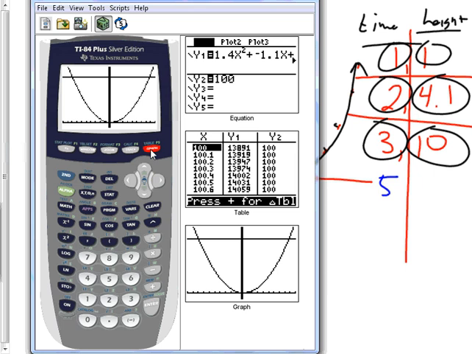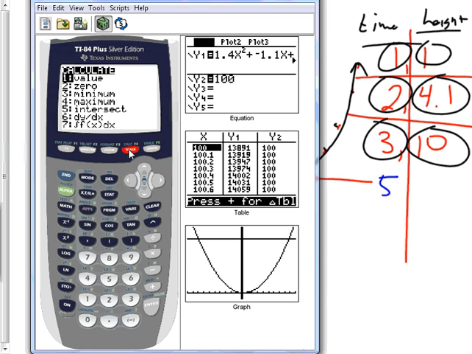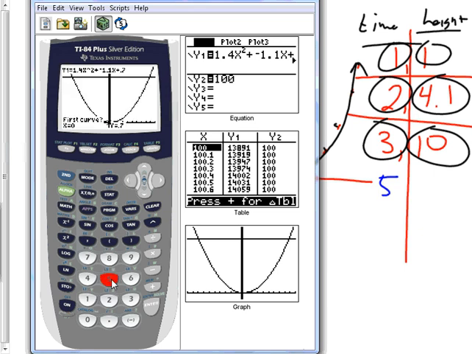And now I want the intersect of the two. This is at negative time, which wouldn't make any sense, so I'm going to want that one. So how do I find the intersect where it's intersecting between two things? I do second, calculate, intersect, number 5. And I can always just hit enter and enter for the first two questions.